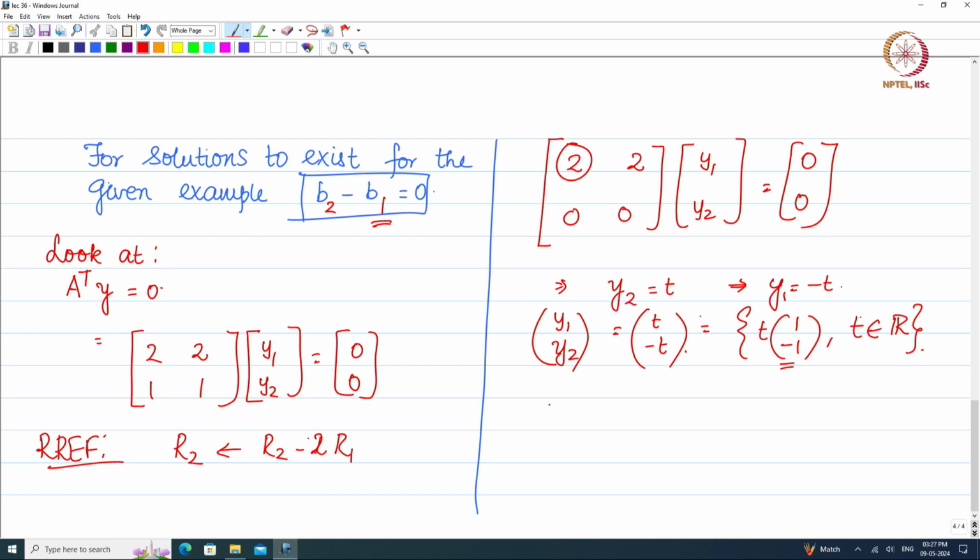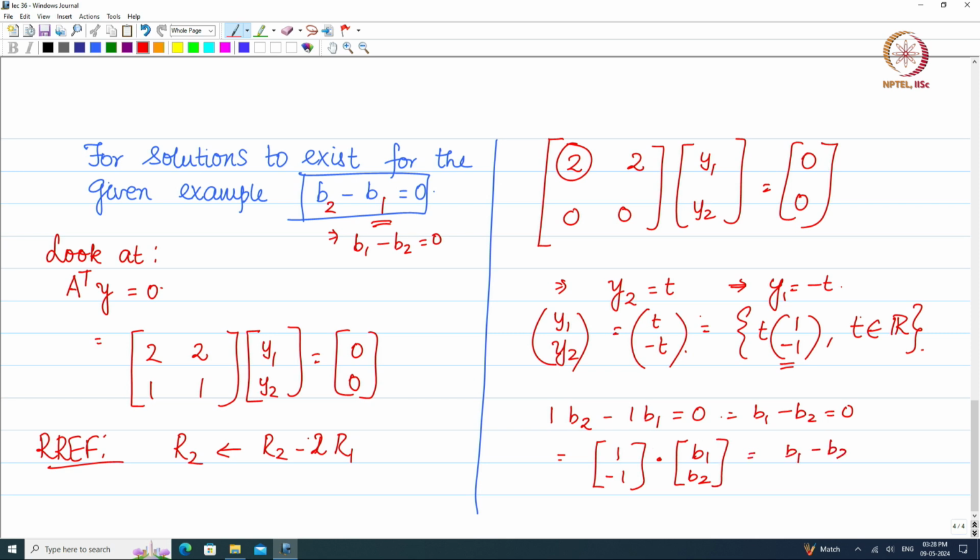B2 minus B1 is equal to 0, I can take this as 1 times B2 minus 1 times B1 is equal to 0, which means I have the dot product of 1 minus 1 with B1 B2, which is B1 minus B2 is equal to 0. What do we see? There is something interesting that is happening.